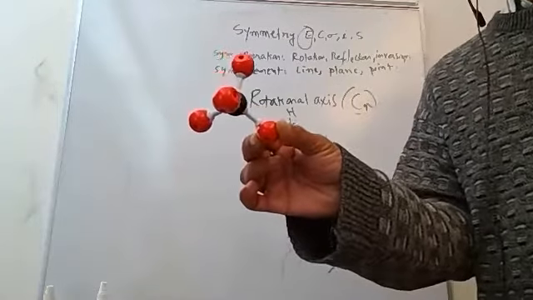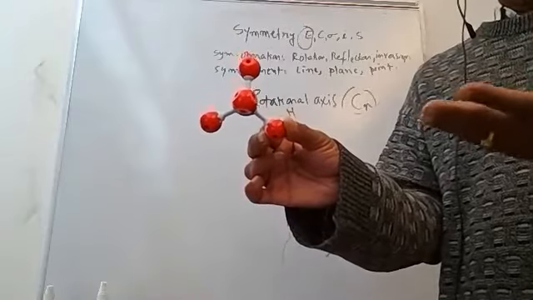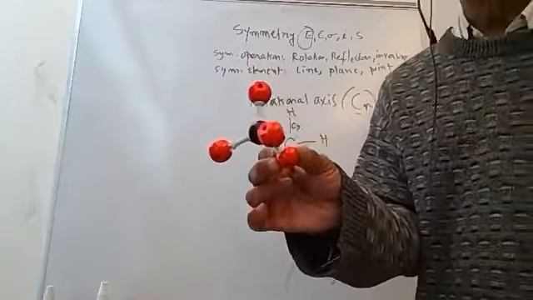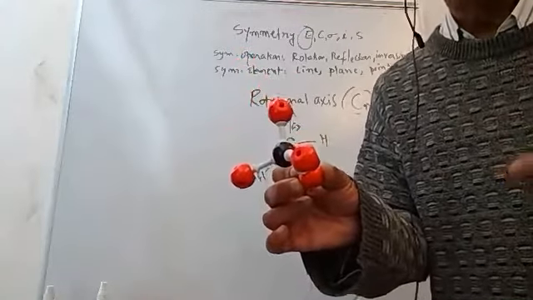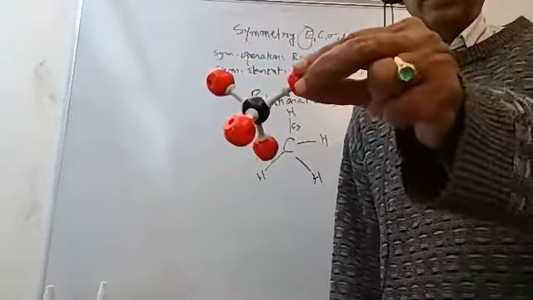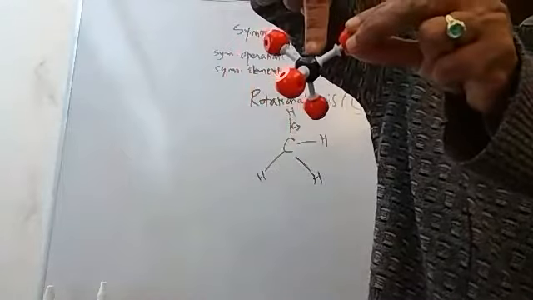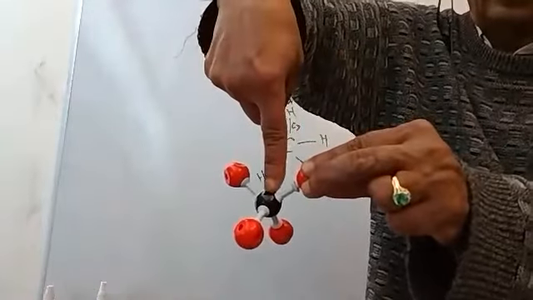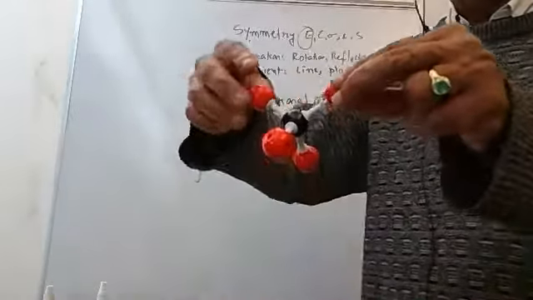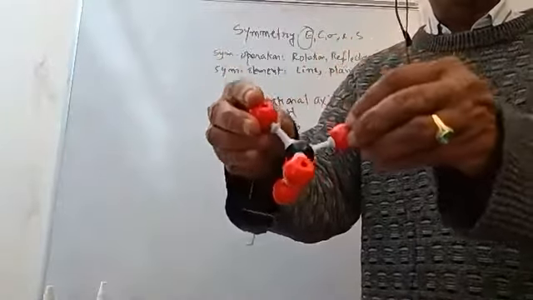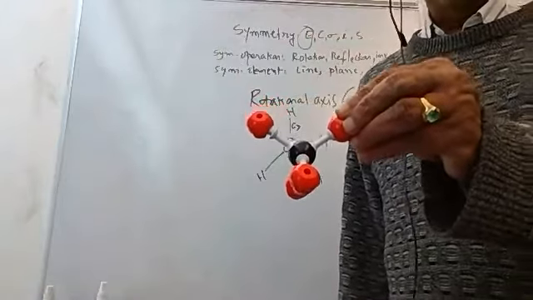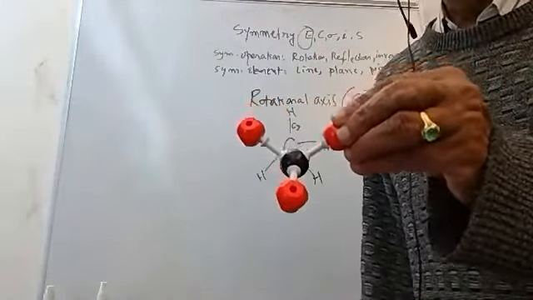No. Intuitively speaking, you may think that it does not have it. But here is the trick. This molecule has 3 C2s, which are not conspicuously obvious. Okay, let's look at this. Hold the molecule like this and drill a line here. Look at my index finger here, right? My index finger now is a C2 because that will rotate the molecule and bring it exactly the same way. Indeed, it has 3 C2s.